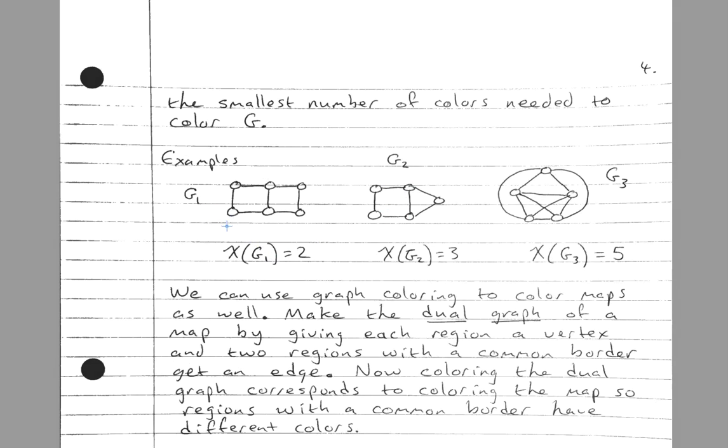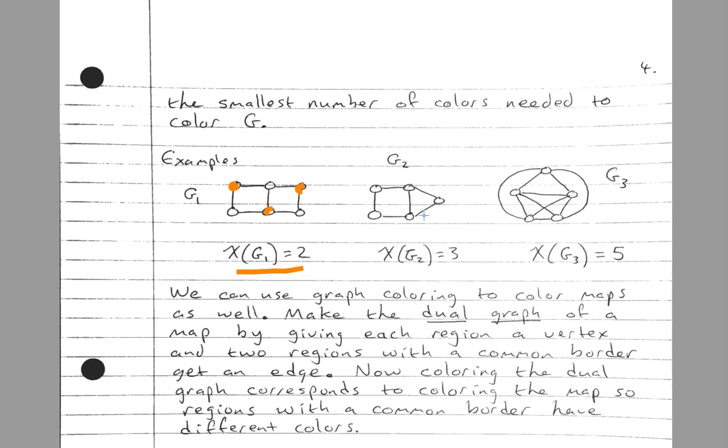G1 here, we saw this already. You can color this with just two colors. So the chromatic number is 2. You certainly need at least two colors, but two colors suffice so that every edge connects different color vertices. So chi of G1 is 2.